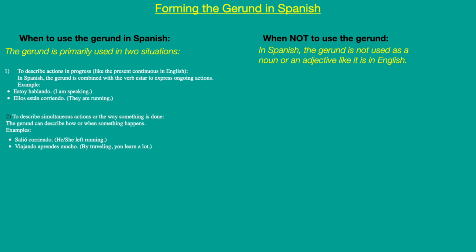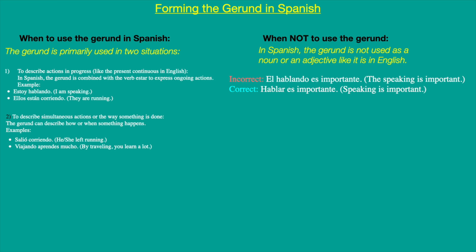And then, when not to use the gerund. In Spanish, like in English, there is always something a little bit different. In this case, it's when you are using it with a noun or adjective, like in English. Let me explain. For example, when you say the speaking is important, the speaking, the action that is important, that is incorrect in Spanish.